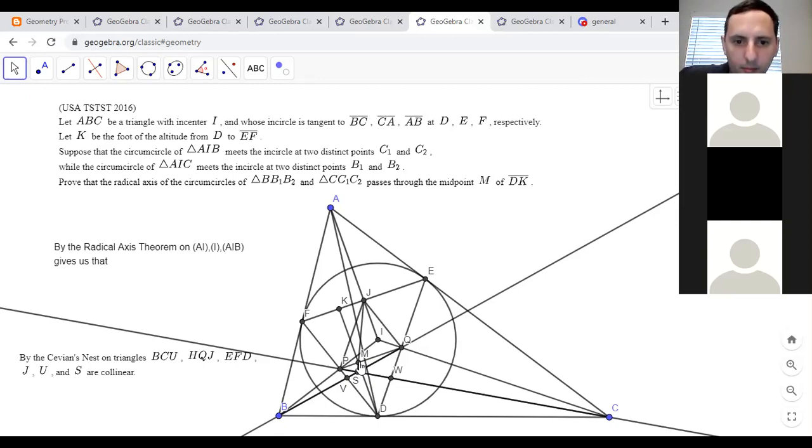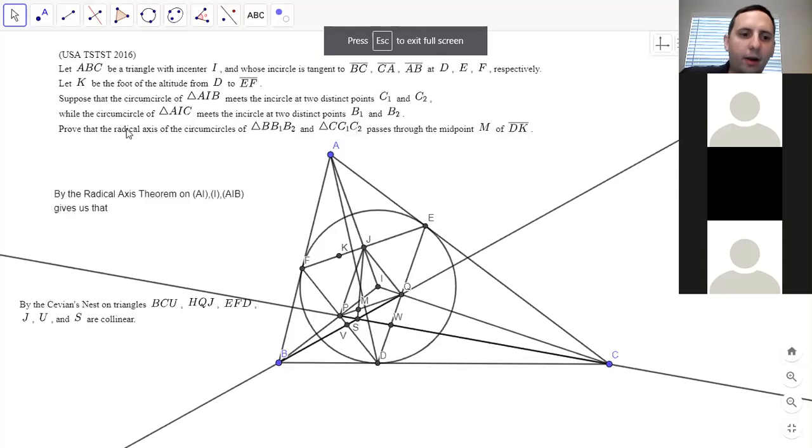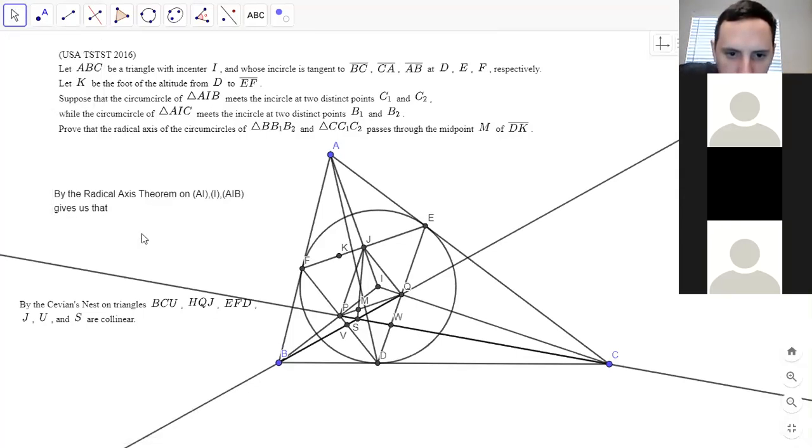SJ cut PQ. So do we know it lies on BK? No, we will prove it on DK, and we will prove it as the midpoint of DK. Okay, so we'll prove both those things. Because if we prove it lies on line DK, it must be the midpoint because PQ is the midpoint of DF and DE. I see how you're doing it. So you want to show that PM over MQ is FK over KE, and then that would solve the problem.